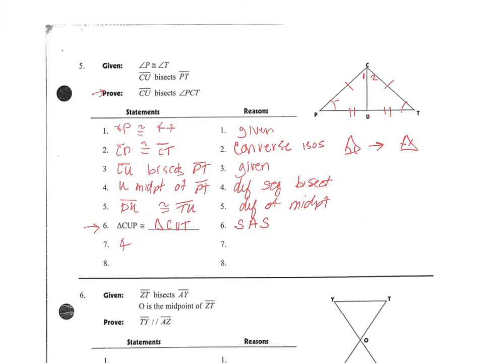And so we can say that angle 1 is congruent to angle 2, and that would be corresponding parts of congruent triangles are congruent. Now, once we have those congruent, we can now say that segment CU bisects the angle PCT. It bisects this larger angle, and the reason is that that is the definition of an angle bisector.